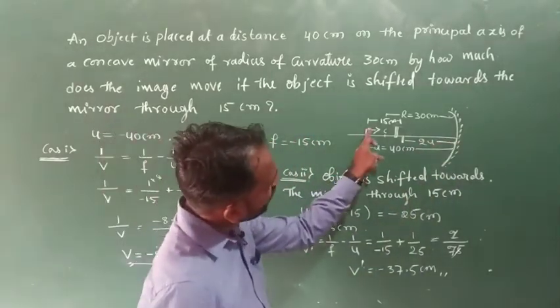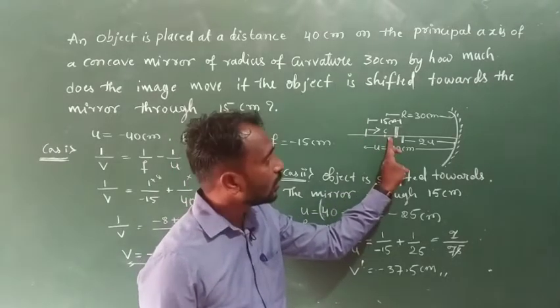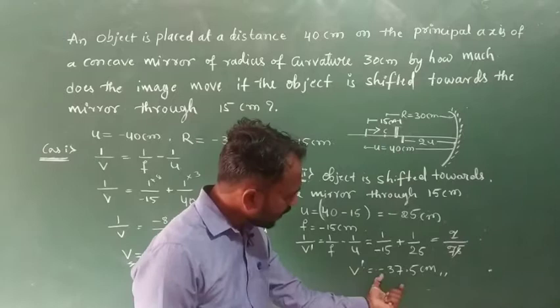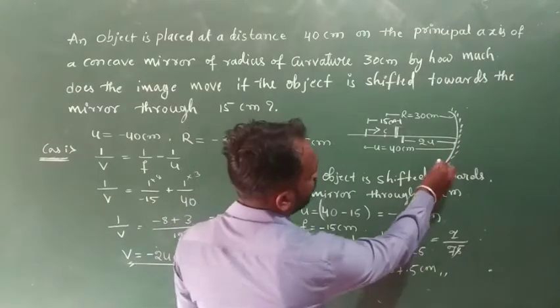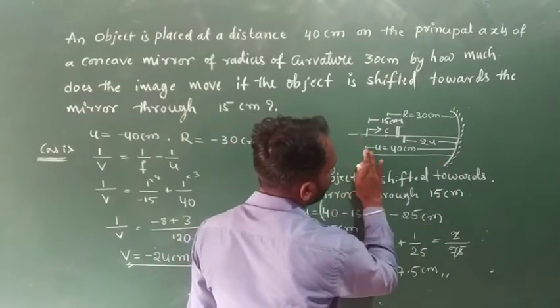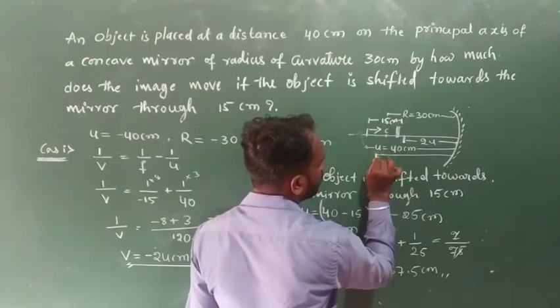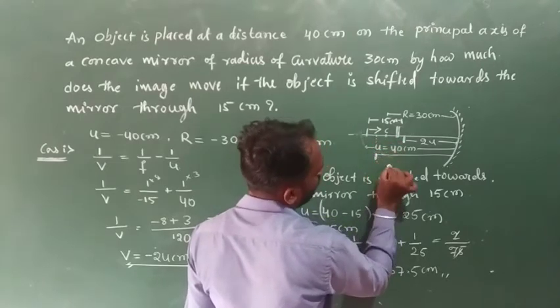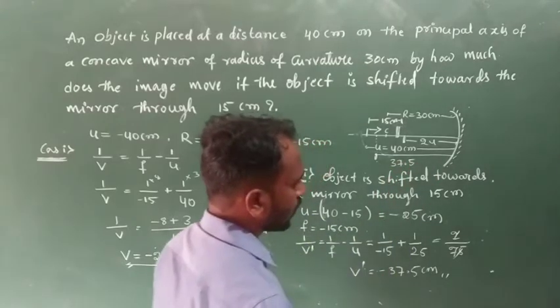Afterwards, when the object shifted towards the mirror, we get an image distance of 37.5.